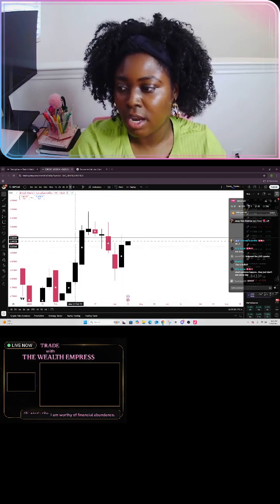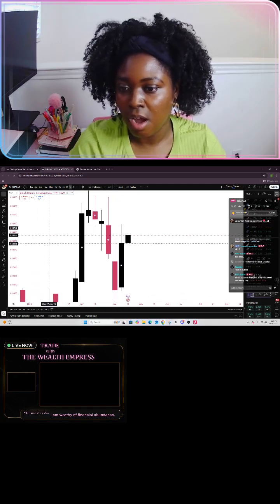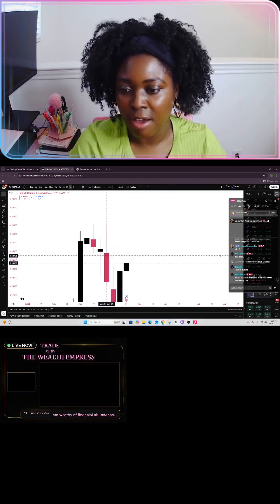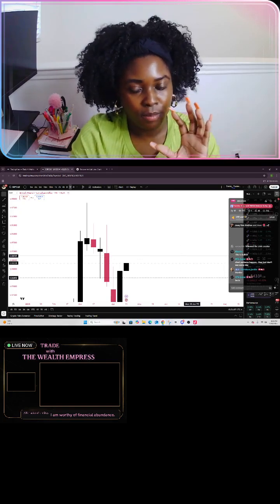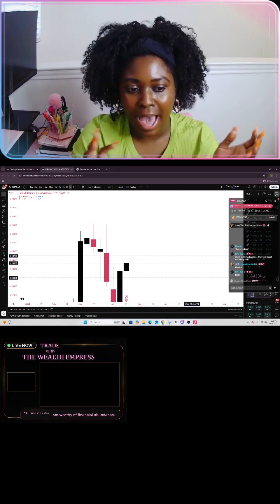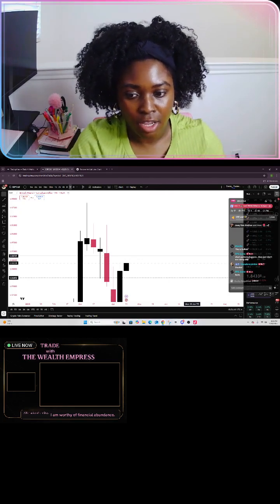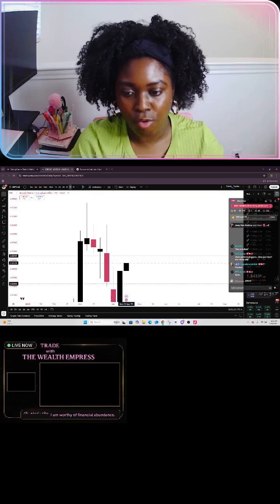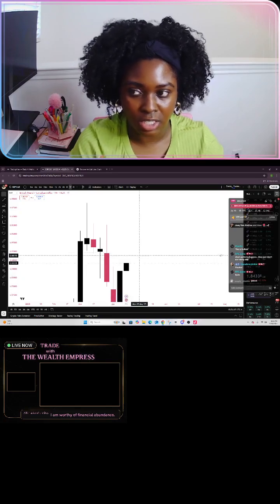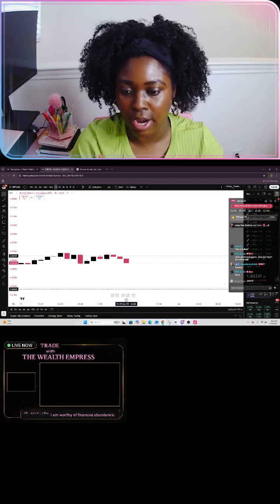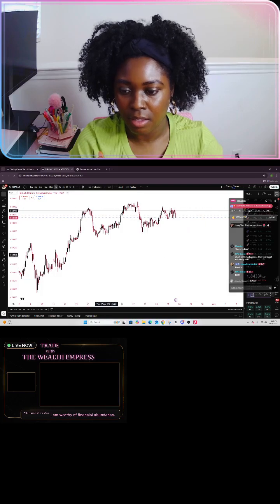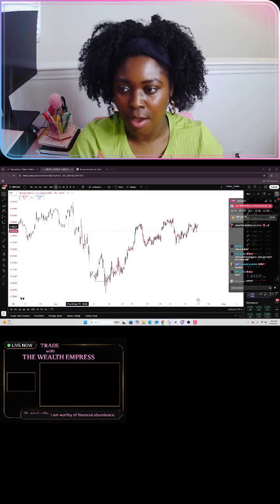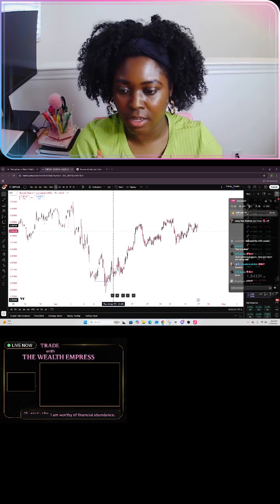All right, so now we're gonna mark up our weekly. I'm gonna keep my 50% because the higher the time frame, the more price is a magnet to those areas, right? This is why we didn't get our full weekly, because price is just sitting around this area, and we can go down and look. Y'all see how many times price touched this area?